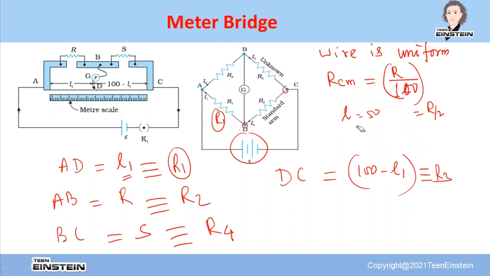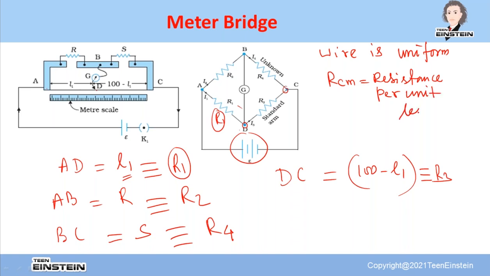So RCM is the resistance per unit length. This constant will be given in the laboratory, or the total resistance of the wire will be given. You have to divide total resistance by 100 to get RCM.